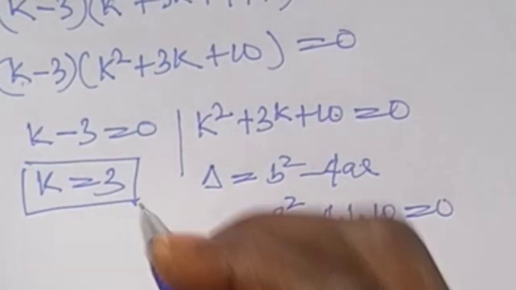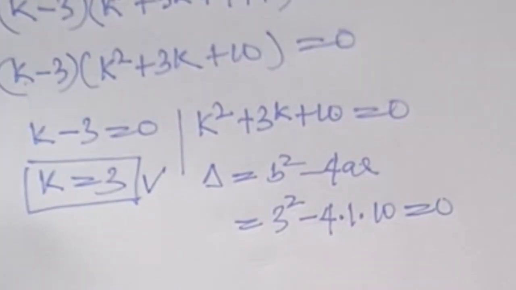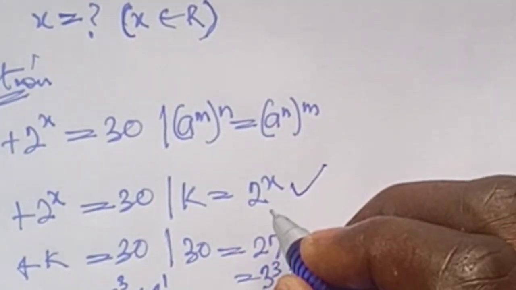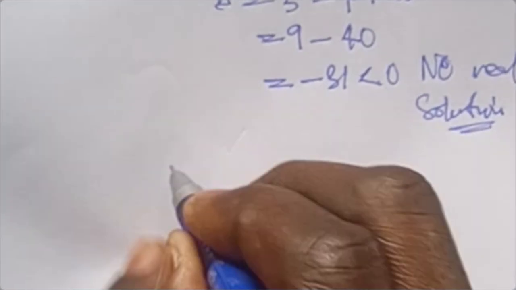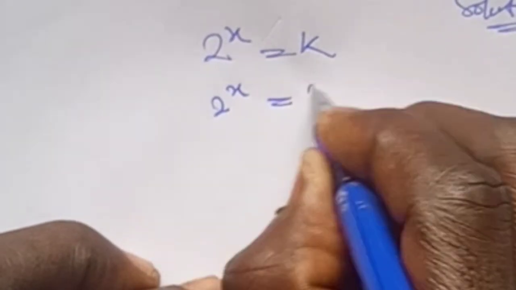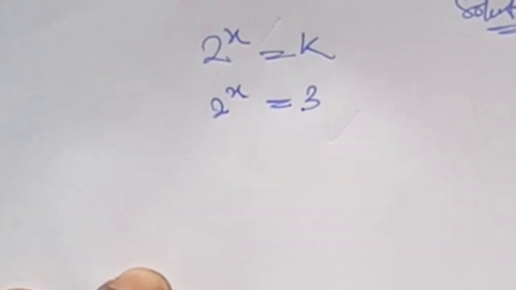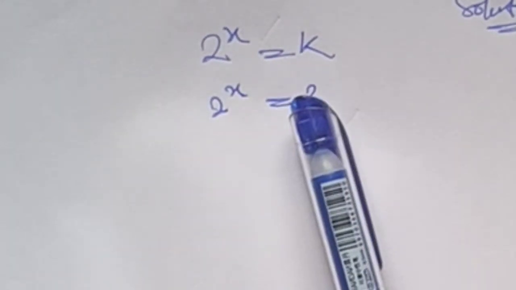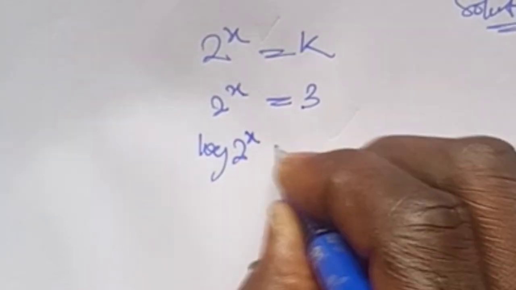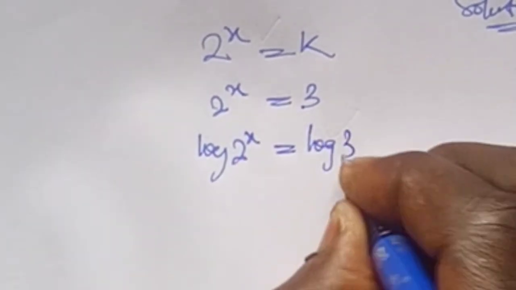The only real solution we have is k equals 3. And also recall that we assumed k to be equal to 2 to the power of x. That is, 2 to the power of x is equal to k, and 2 to the power of x is equal to 3, the value of k. If we take log to base 10 on both sides, we're going to have log 2 to the power of x equals log 3.